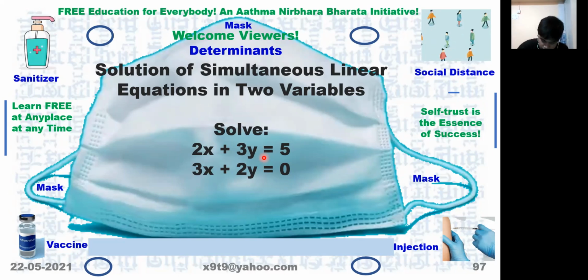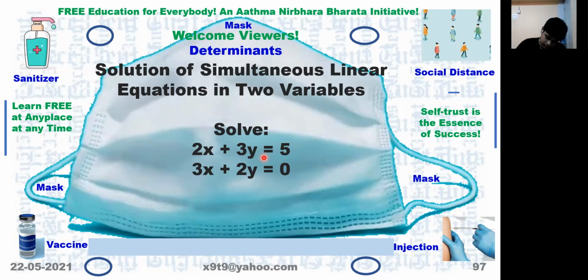Delta is equal to 4 minus 9. Delta is equal to minus 5. So it is a negative number.